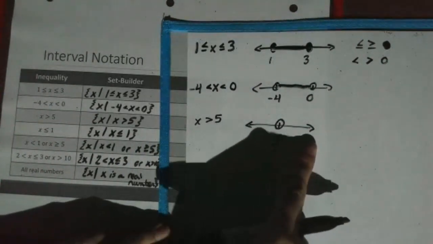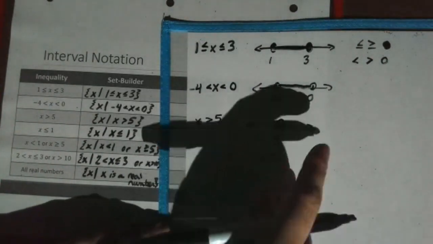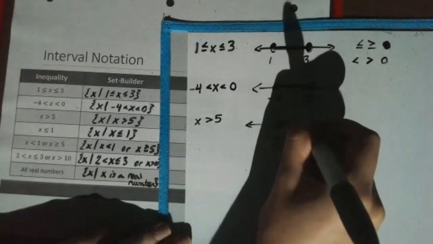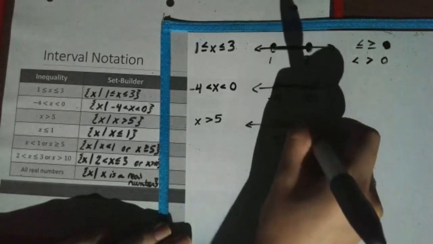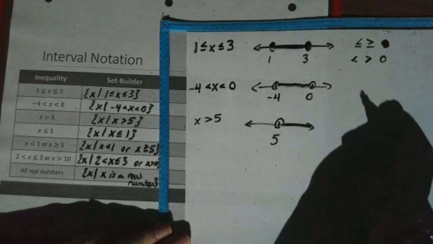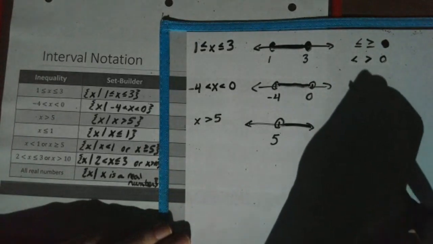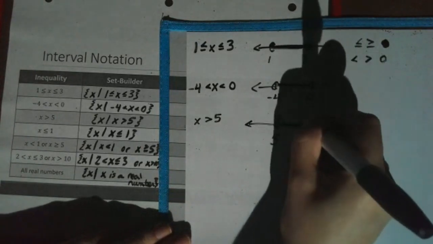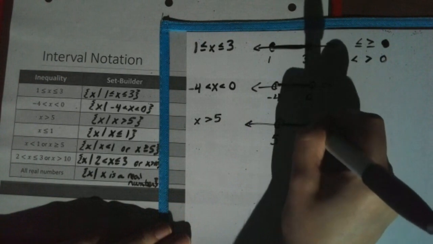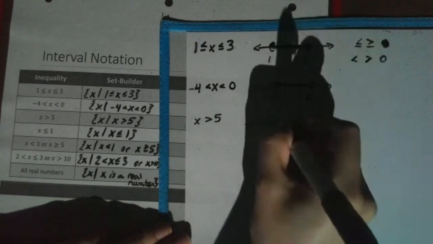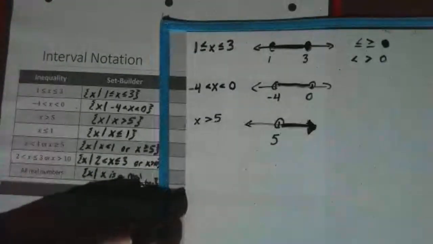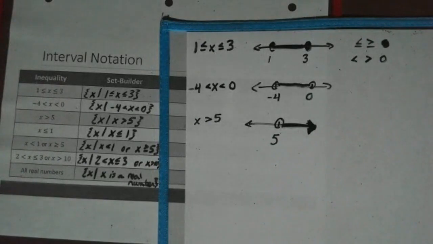So I need a way to say all of these numbers forever. So I'm going to shade to the right. But I keep going forever. 89 billion satisfies us. So I'm also going to shade the arrow. So any number on the number line to the right of 5 satisfies that inequality.